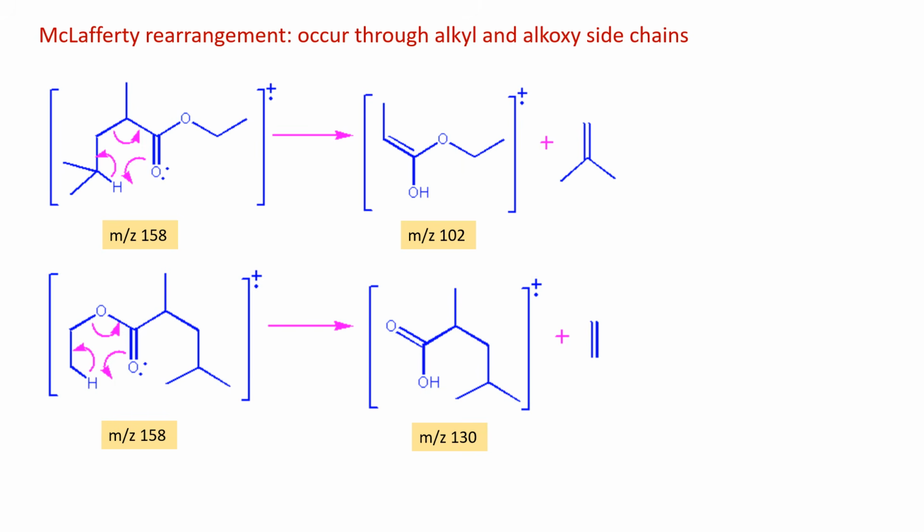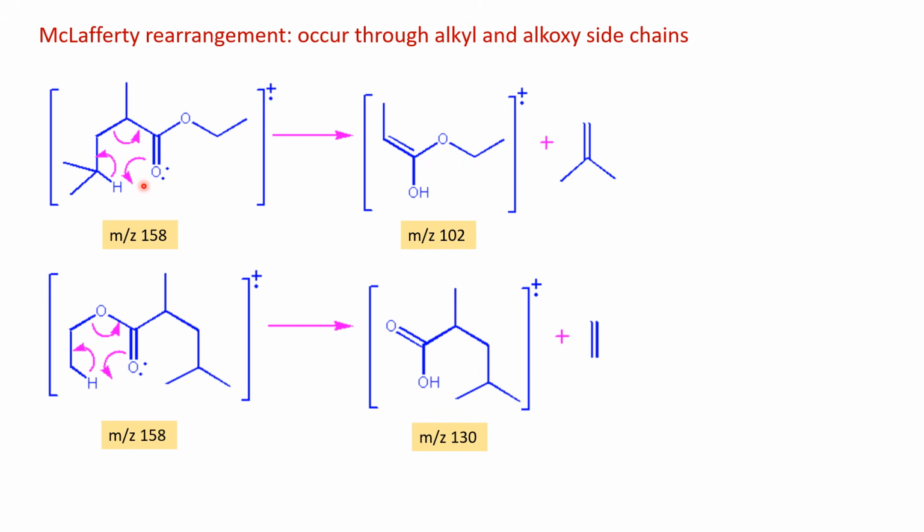The second type of fragmentation which occurs in esters is through the McLafferty rearrangement. For this compound, McLafferty is possible with the alkoxy side chain as well as the alkyl side chain. Let us see McLafferty through the alkyl side chain. McLafferty rearrangement has characteristic transfer of hydrogen from gamma carbon to oxygen.